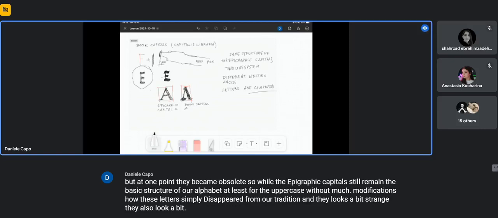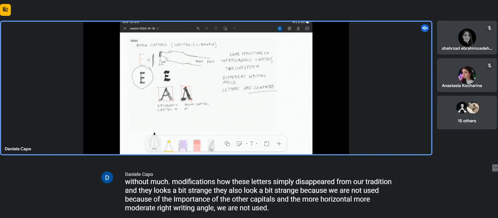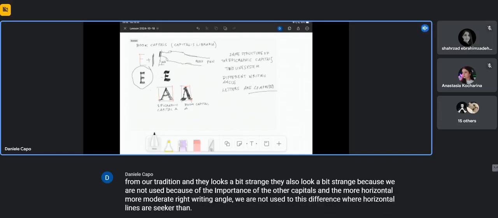They also look a bit strange because we are not used, because of the importance of the other capitals and the more horizontal, more moderate writing angle, to this difference where horizontal lines are thicker than vertical. Okay? It is a style that resembles other alphabets or other writing systems.